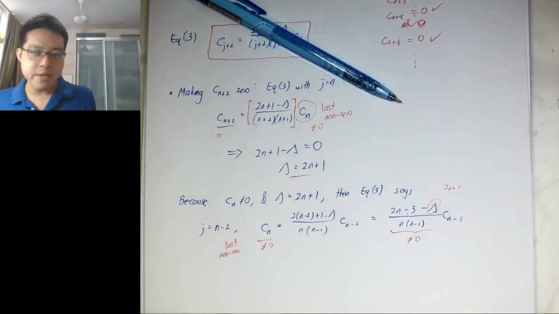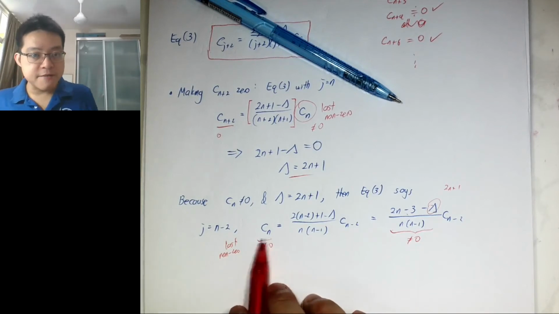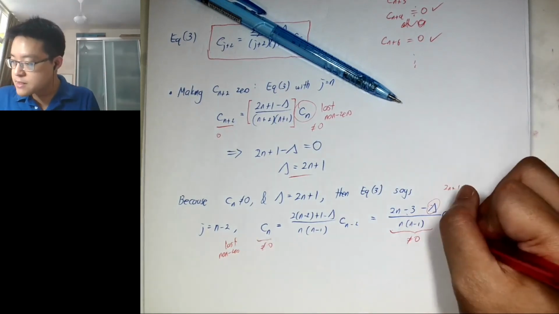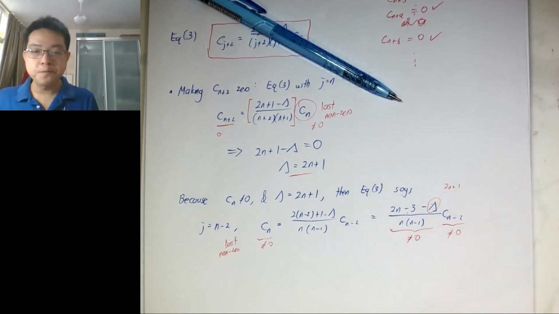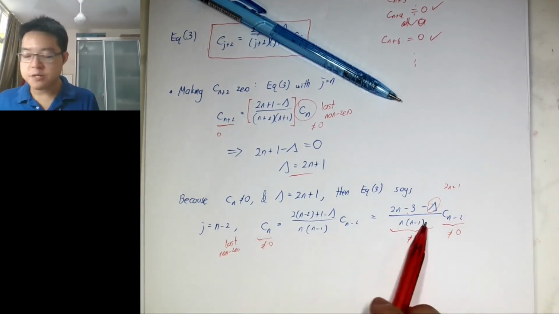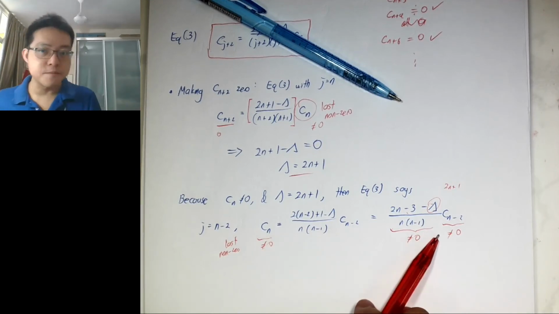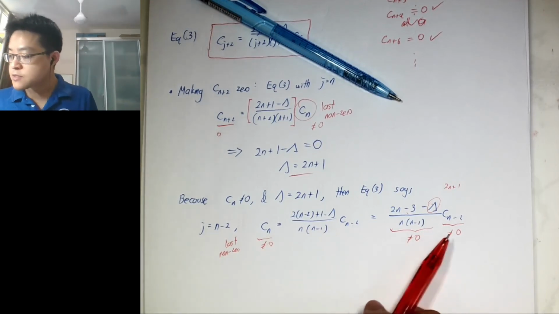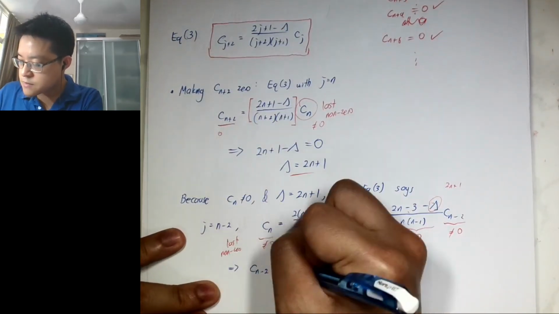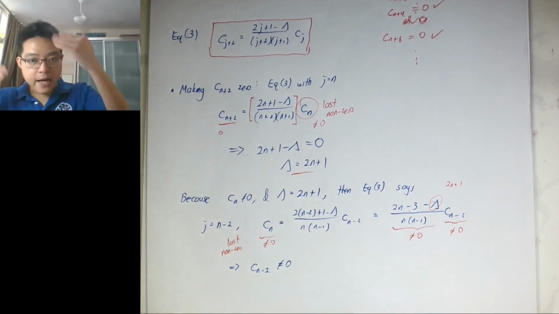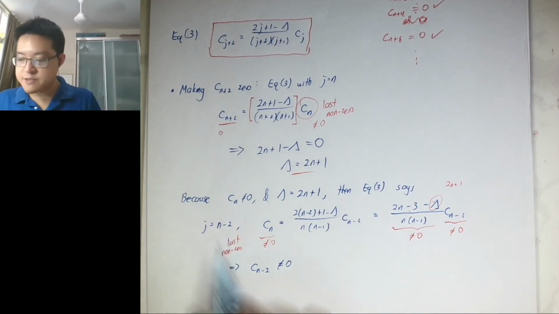What does this tell me? This tells me that if Cn is not 0, then Cn minus 2 is also non-zero. Right? This equation must be equal to this. Nobody here is 0. So that means Cn minus 2 is not 0. And then you can apply the same equation again with j equals n minus 4.